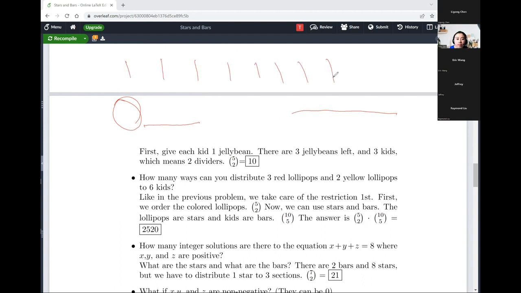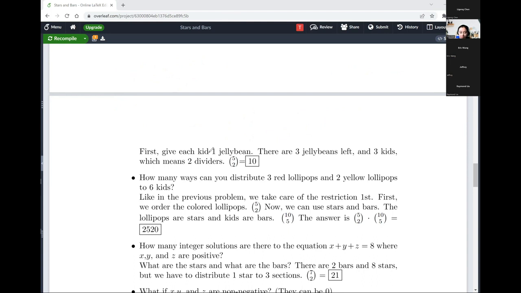So since we already gave 3, because there's 3 categories, now we have 7 ones and 2 dividers. So it's 7 choose 2. That is 21. So yeah, even I make mistakes a lot, actually.